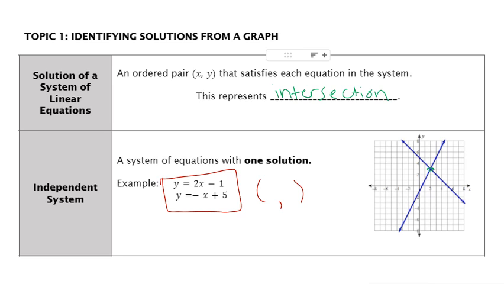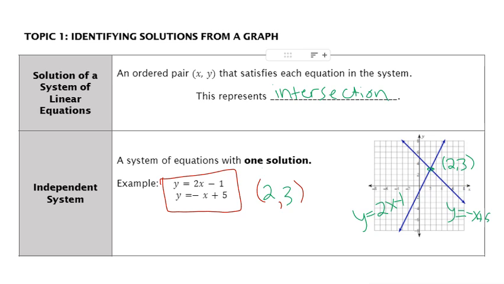So we have the equation y equals 2x minus 1. We also have the equation y equals negative x plus 5. They actually intersect at the point (2, 3). So what that means is that's the solution for this system.